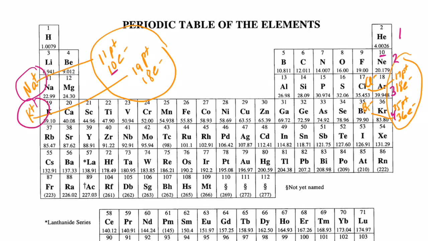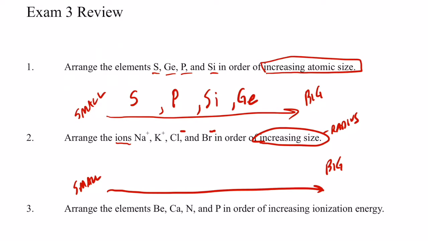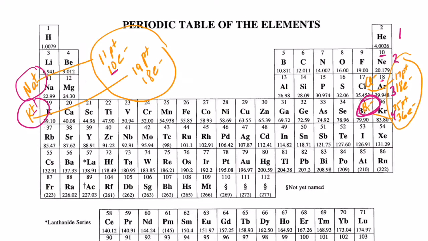And K+, since it's lost an electron, would have 18, and so that would be like argon. So just looking from an energy level perspective, Br negative is going to be our largest because it has 4 energy levels. So I'm going to go ahead and put Br negative over here as my largest ion. And Cl negative, let's see, it will have 3 energy levels.